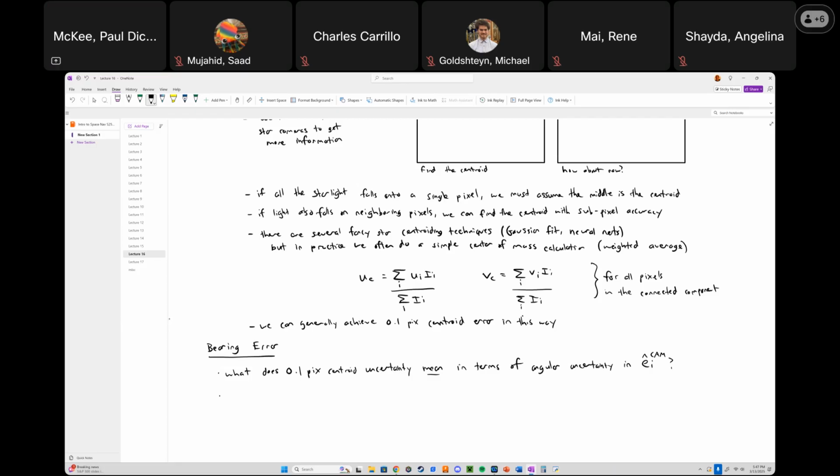Well, you could just say it's 1/10 of a pixel uncertainty. How many degrees are there in a pixel?